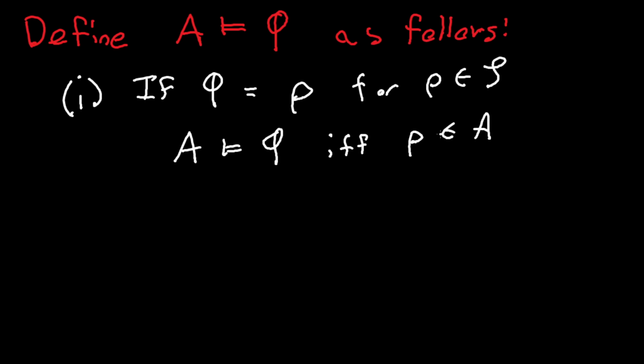This is what we would expect, since the models are the collection of all sentence symbols that are true. So of course, A models a sentence symbol P if and only if P is in the model. It makes sense that this is the definition we would want.